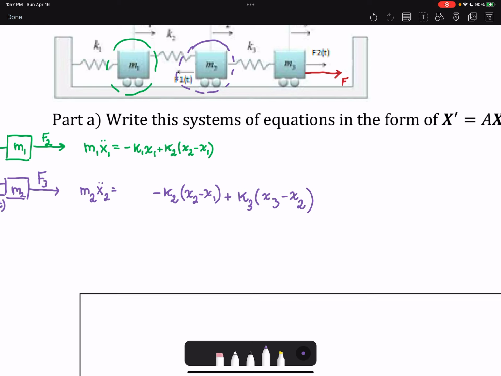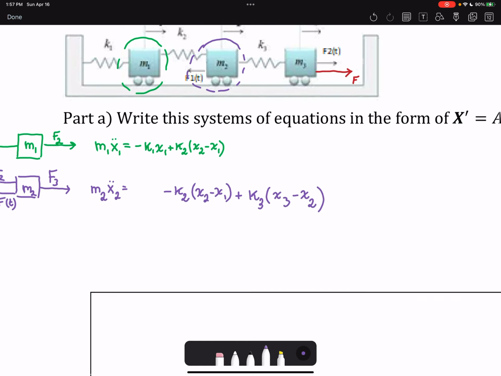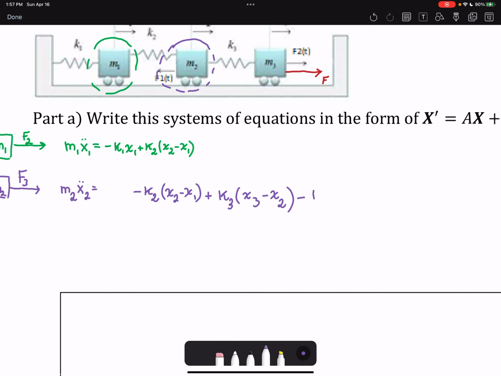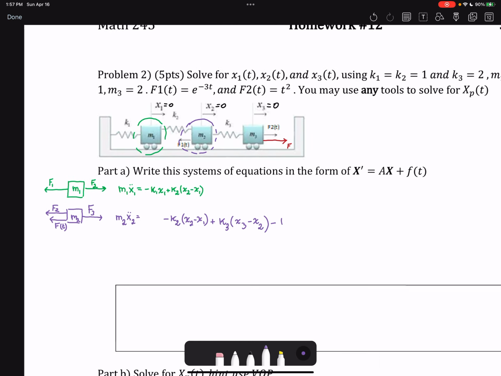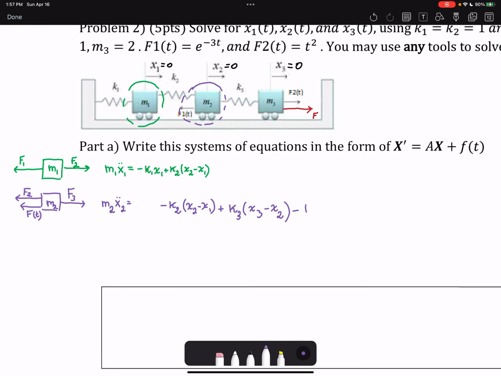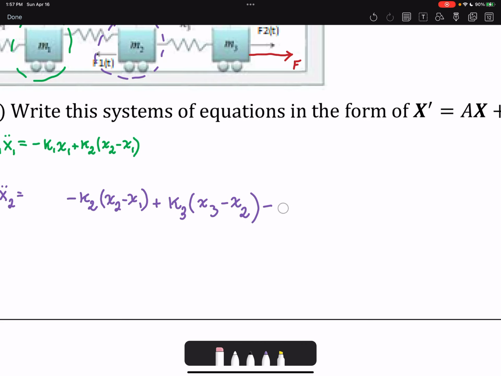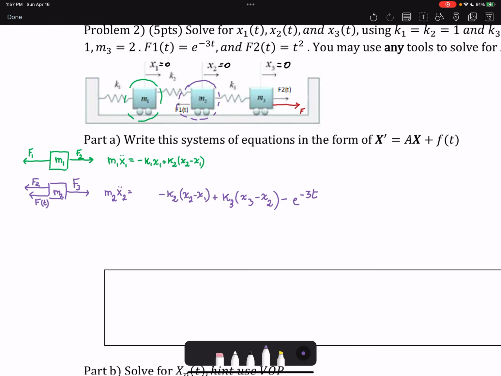And then we're going to have that forcing function, which is pushing back, which they said f1 of t is e to the negative 3t. So this is going to be e to the negative 3 times t.